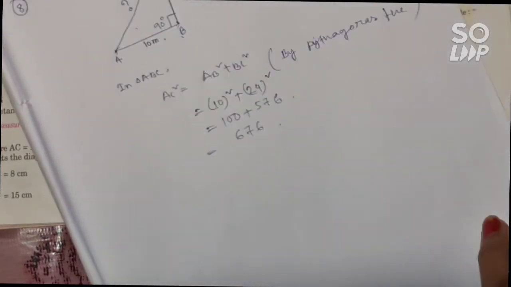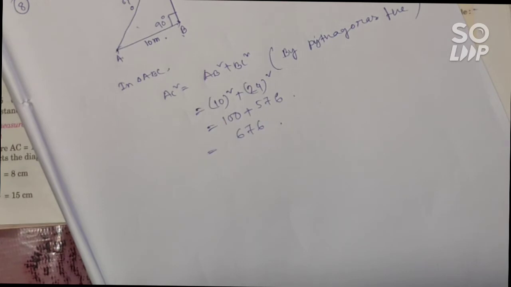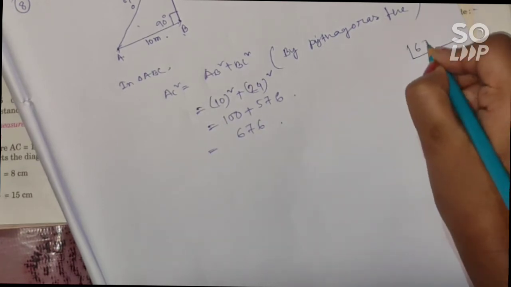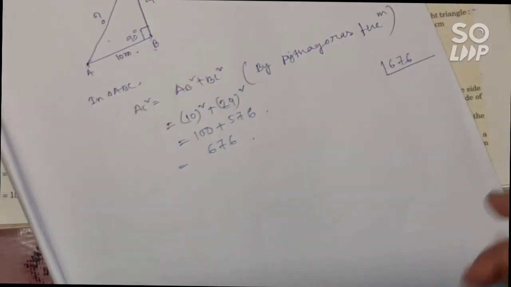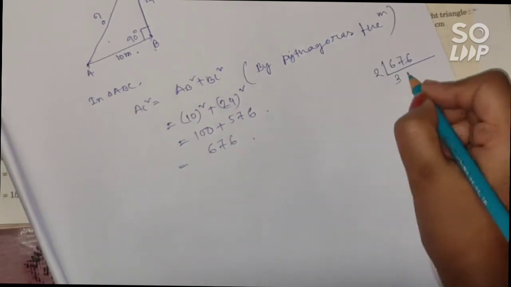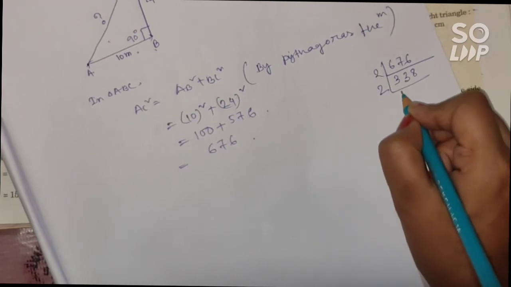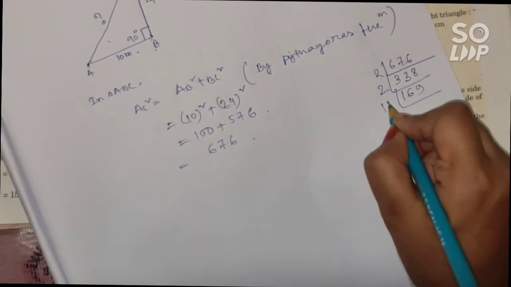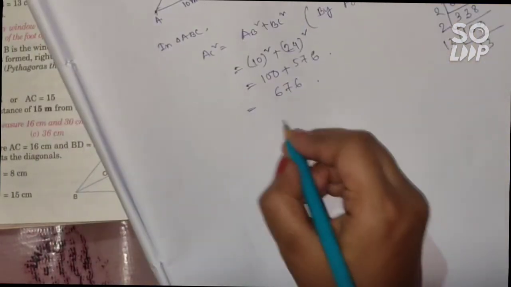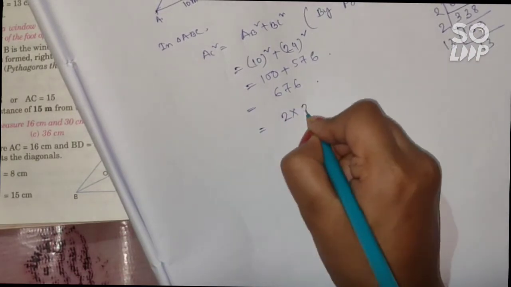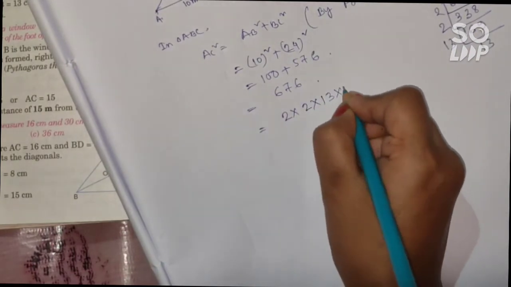So how can you find the square root of 676? We will factorize this. Okay, 676 we can write as 2 into 2 into 13 into 13.